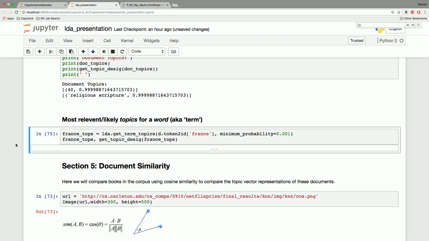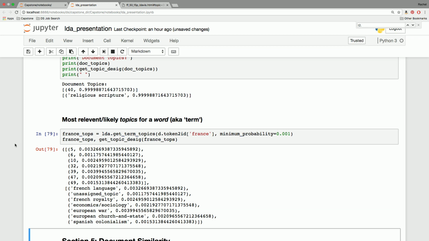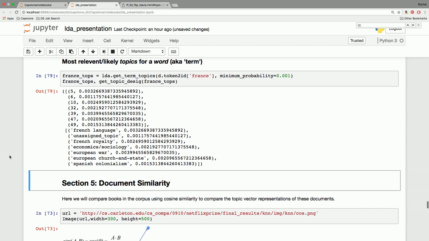We can also do that same thing for a word, or a term, which is an NLP phrase for that. I looked at the word France because France is an old country, has a rich history and culture, so it should have some really interesting topics associated with it, and it does.